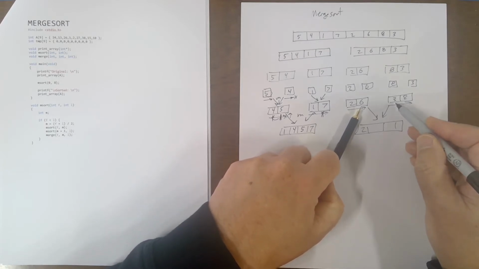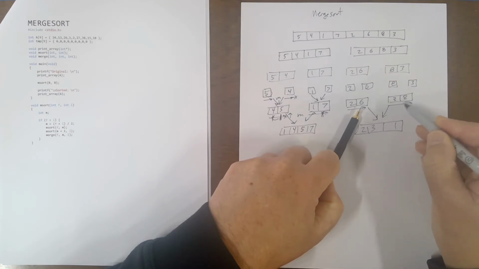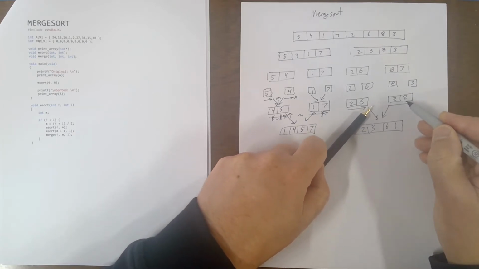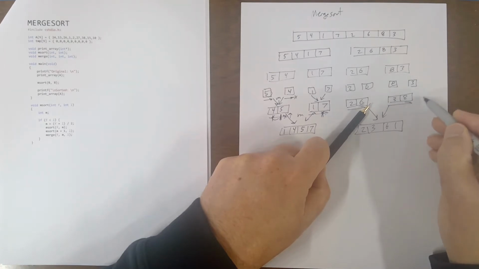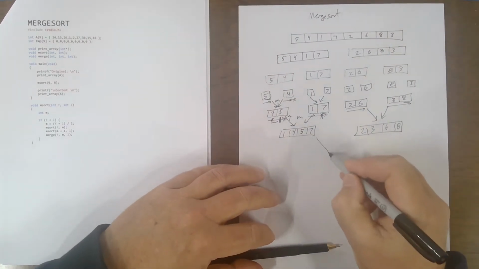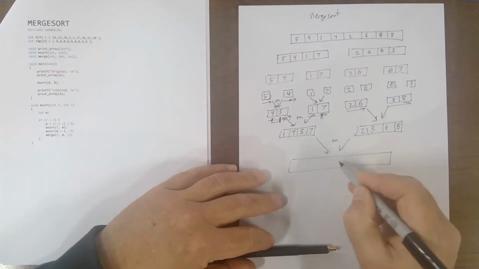The 3 is smaller, so we copy the 3 down and increment this index down. So we're comparing the 6 and the 8 now. The 6 is smaller, so we copy the 6 and move this pointer down. And then once we've run off the array, we just copy the remaining elements down. So 8 is the only one. Okay? Then we just continue with these merges all the way back out.